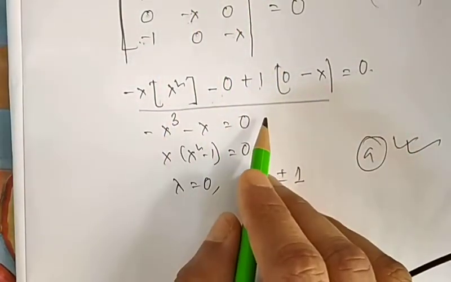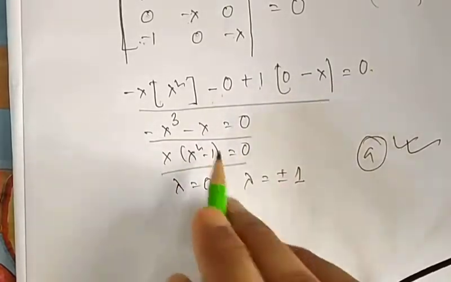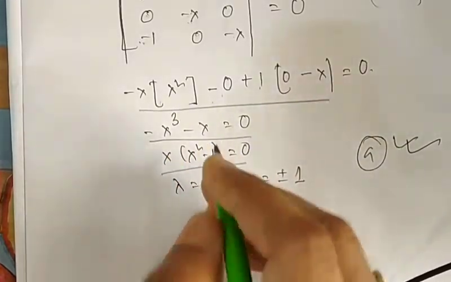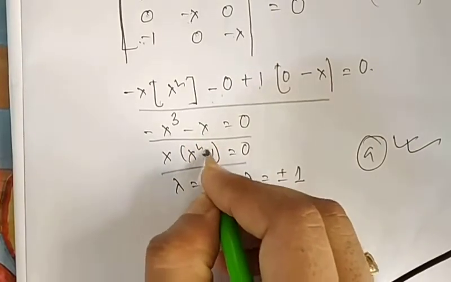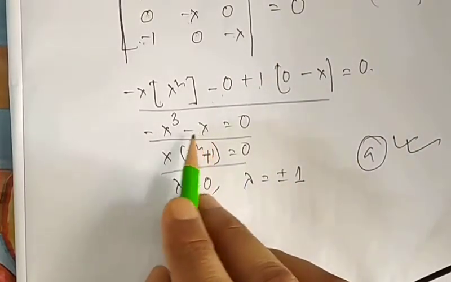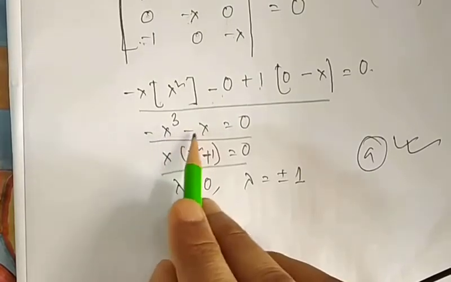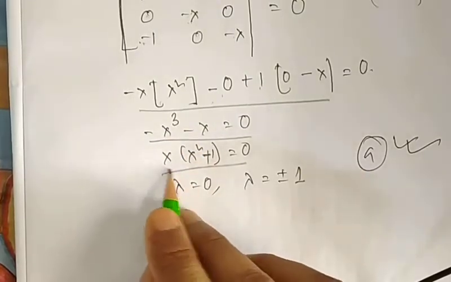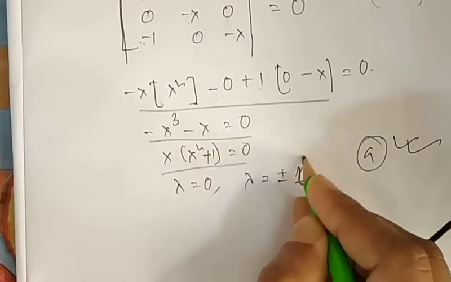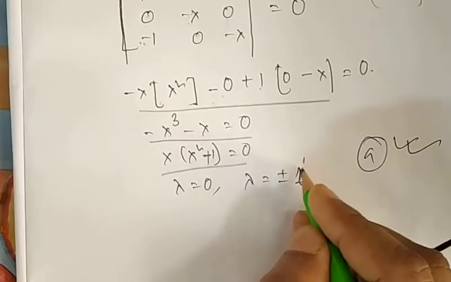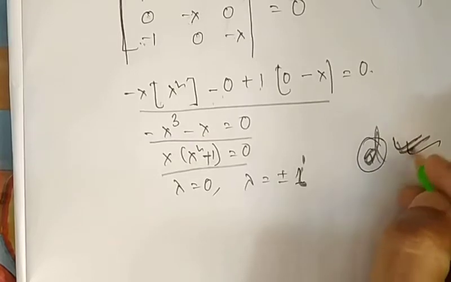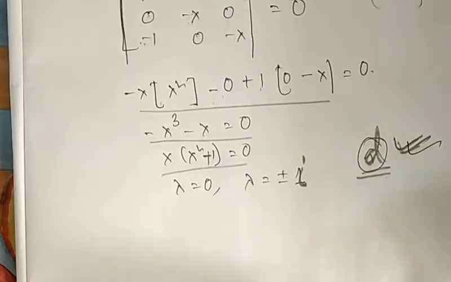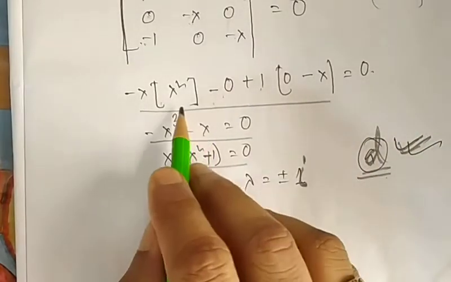If you take lambda common, then it is lambda square plus 1. So either lambda equal to 0 or lambda equal to plus or minus i. That means option D is correct, not A. Correct it, modify it. D is the correct answer, because I had taken a sign notation.